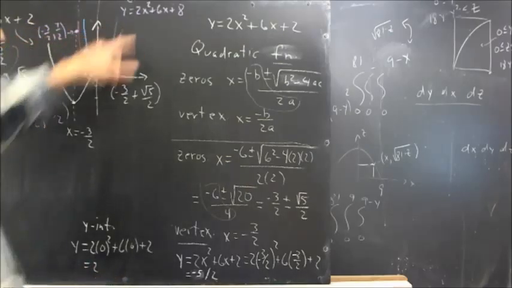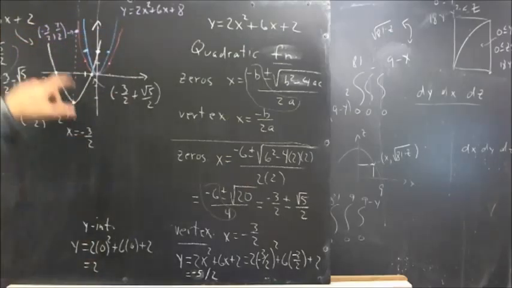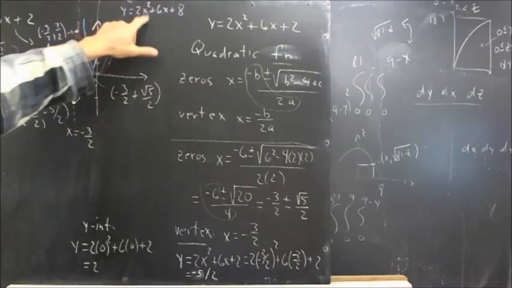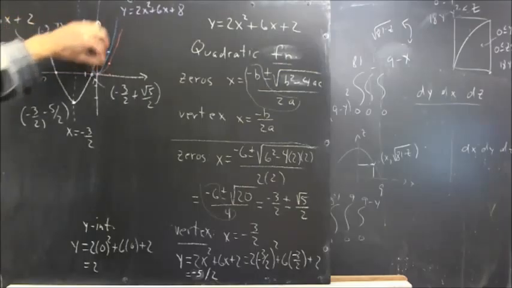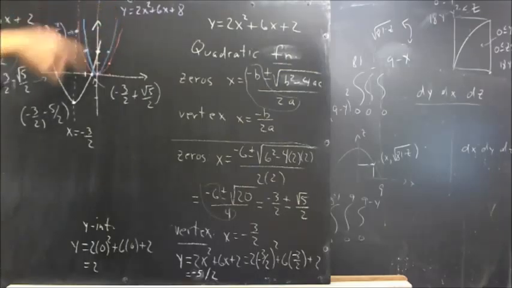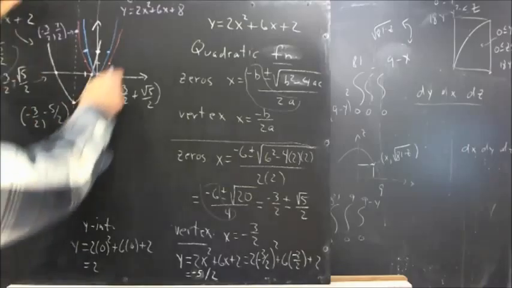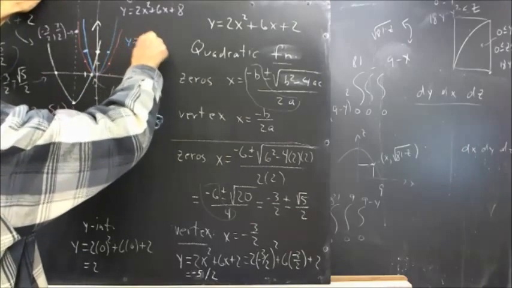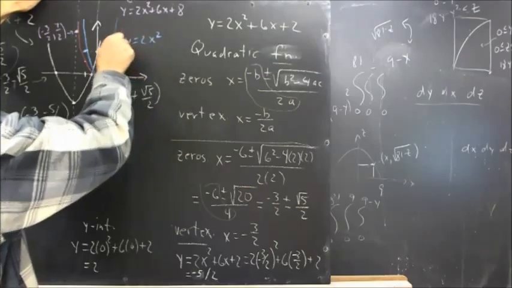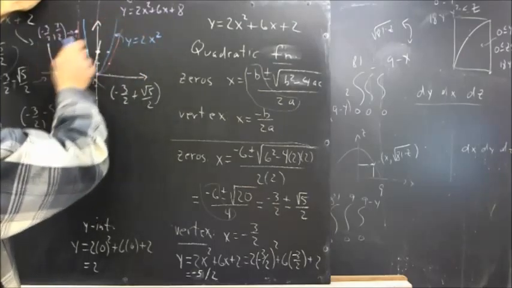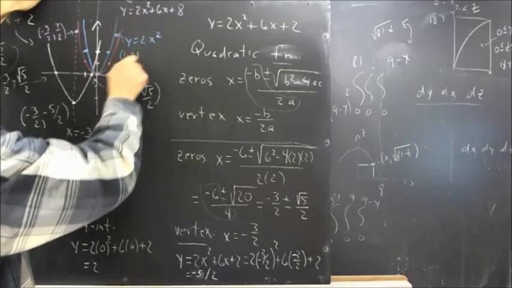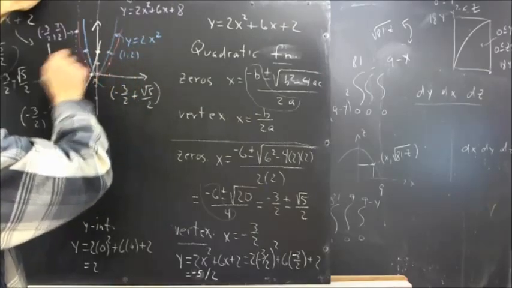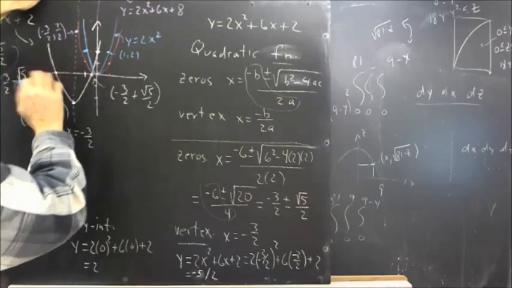But knowing this, and knowing that this function is a shifted version of the y equals 2x squared function, which is in blue. So in blue we have y equals 2x squared. We can simply take that graph and shift it. We can shift its basic points, which are 1, 2, and 1, negative 2. I'm not going to label that, but you would know that.